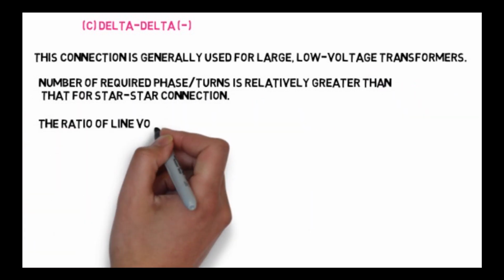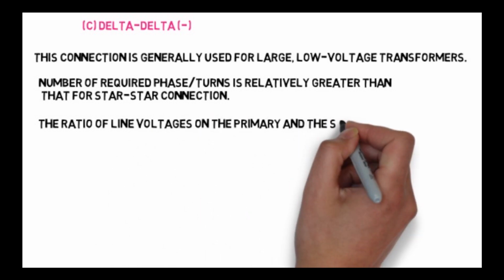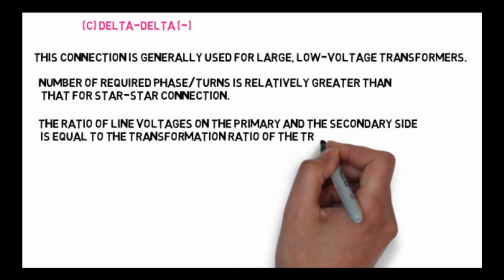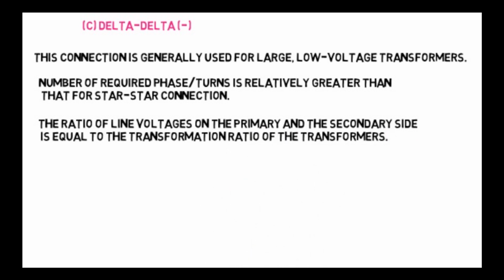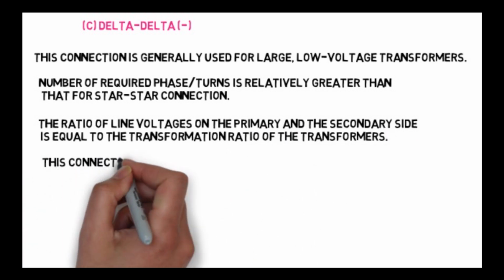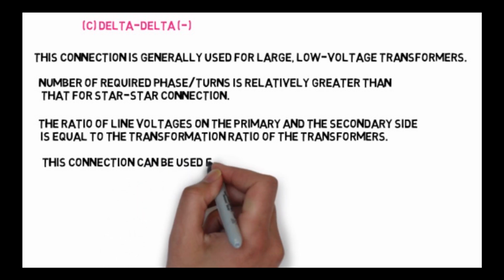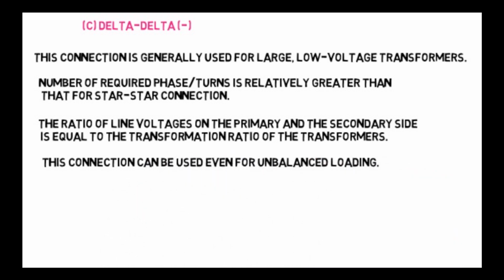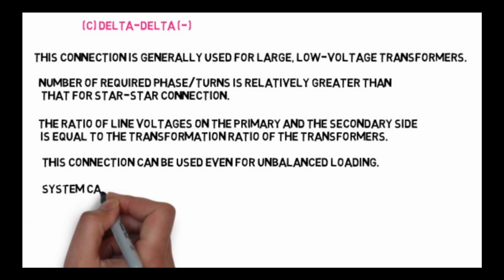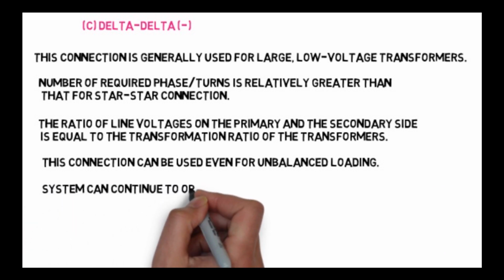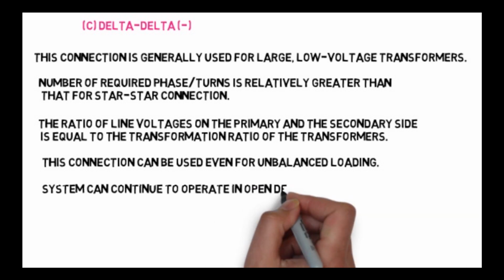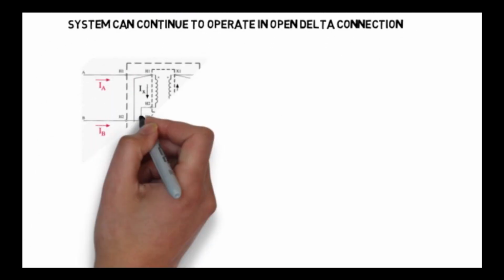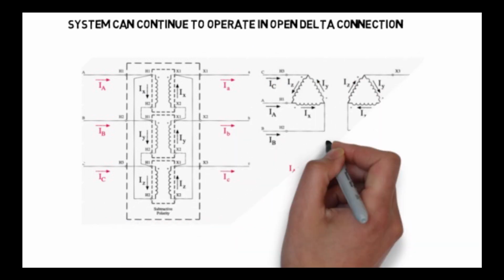The ratio of line voltages on the primary and the secondary side is equal to the transformation ratio of the transformer. This connection can be used even for unbalanced loading. System can continue to operate in open delta connection even in the case of failure. The circuit diagram of delta to delta type connection.